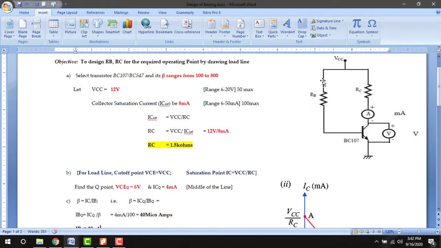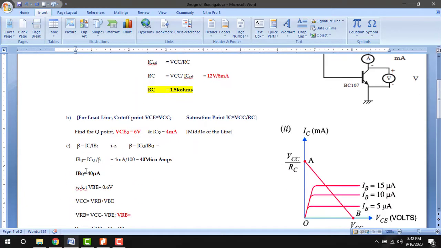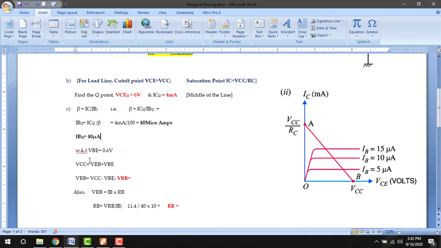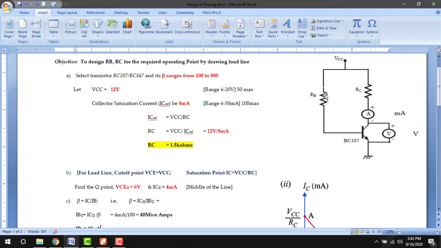So we found the current flow to the resistance RB, it is 40 microamps. Then next we are going to calculate the voltage across this RB. What will be the voltage across this RB? The supply voltage is 12. In all semiconductors, the base to emitter voltage will be 0.6 because it is forward bias.